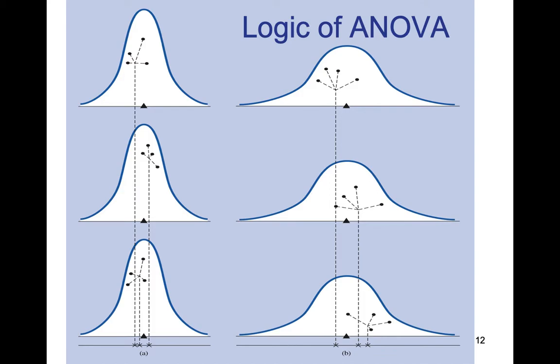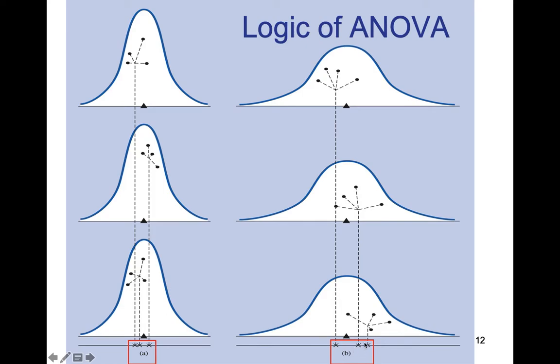Exact same principle, but what you can see is because there's more variance in these three populations, we see more spread among these three sample means. Okay? So therefore, the amount of variability that we see or could calculate among our sample means allows us to provide an estimate of how much variability there is in the population.